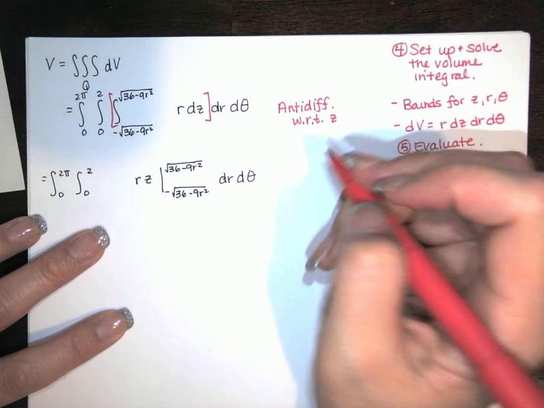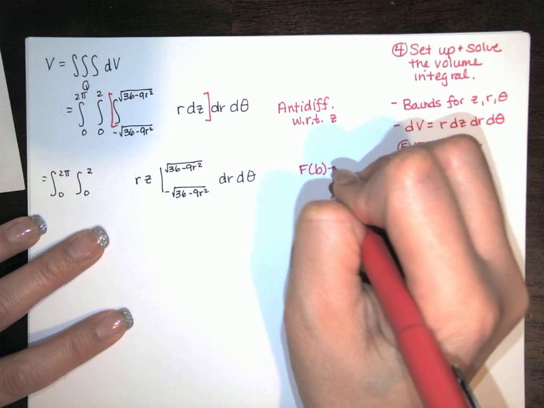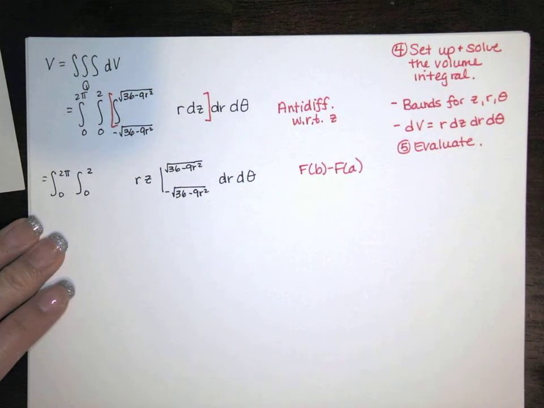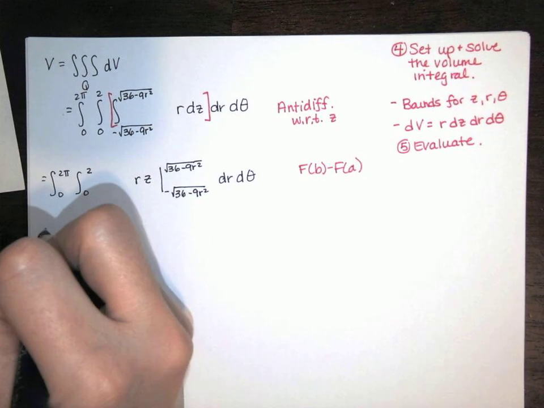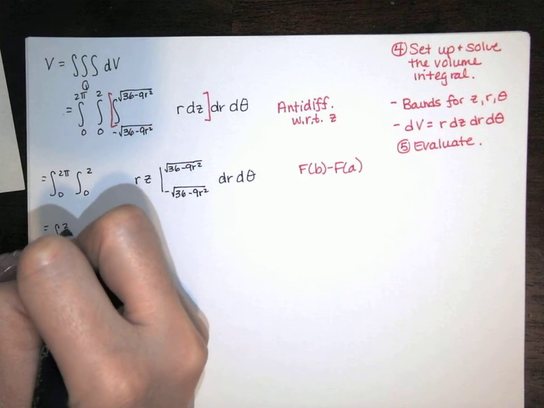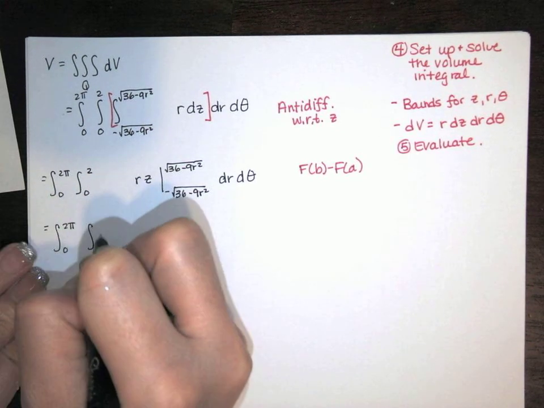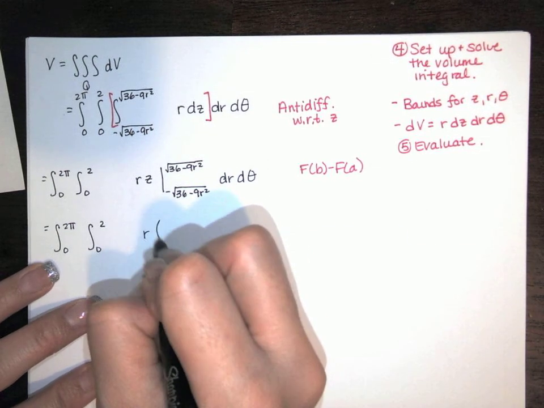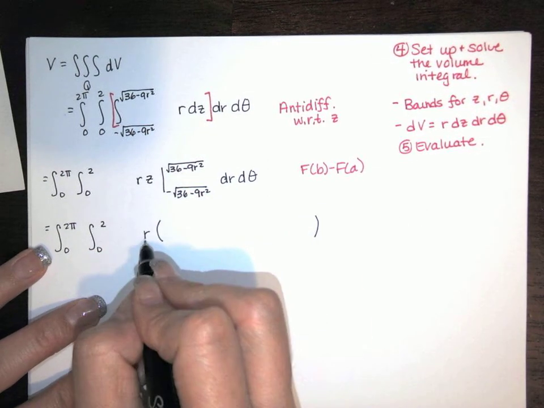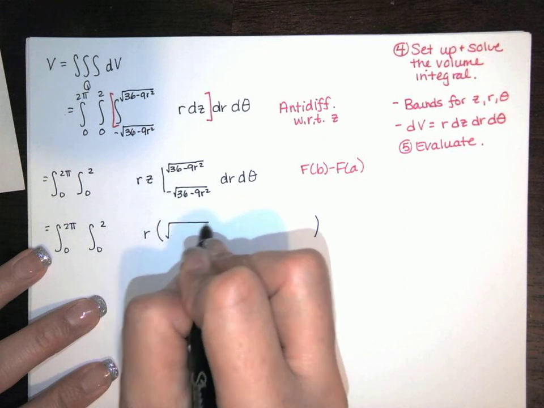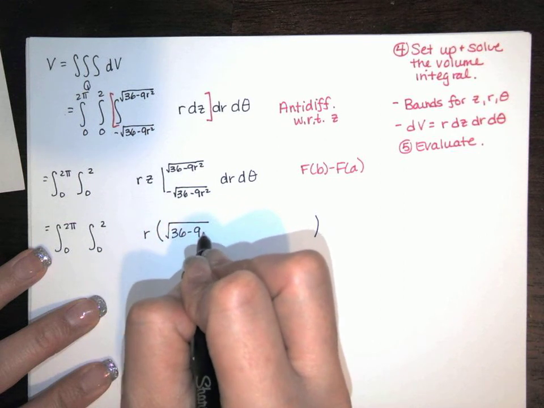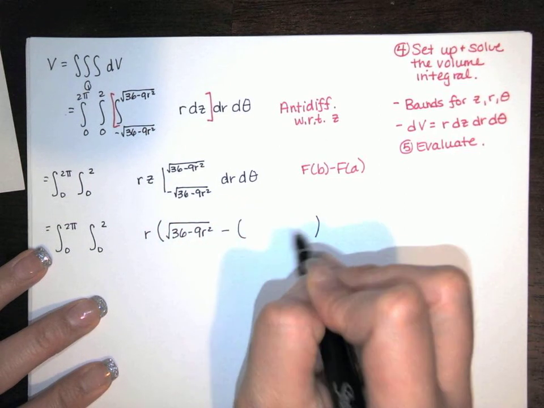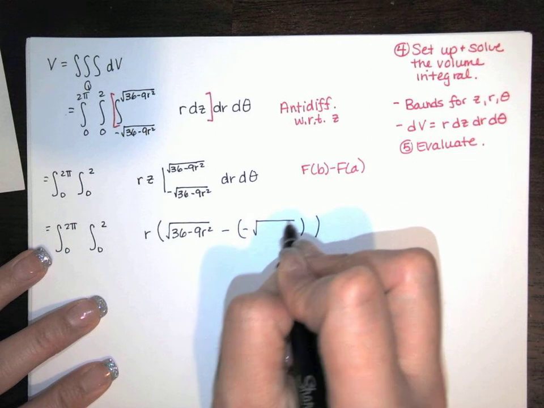So we anti-differentiated, and now we're going to use the fundamental theorem to evaluate that innermost expression. At the upper bound, actually I'll do it this way. Let's factor out the r. We get the upper bound minus the lower bound, but the lower bound is negative.